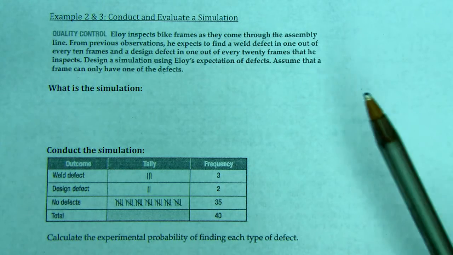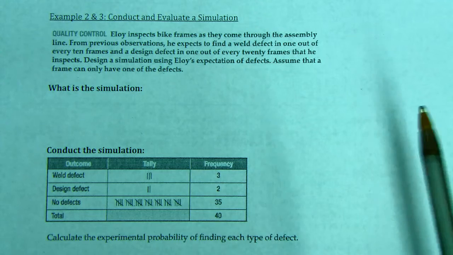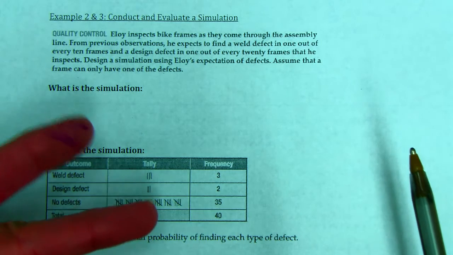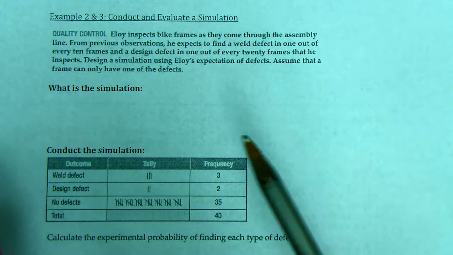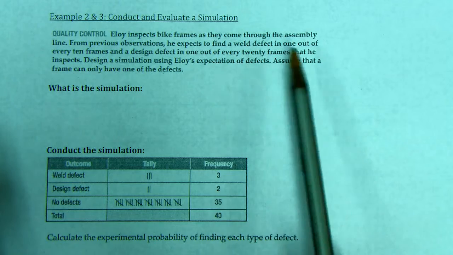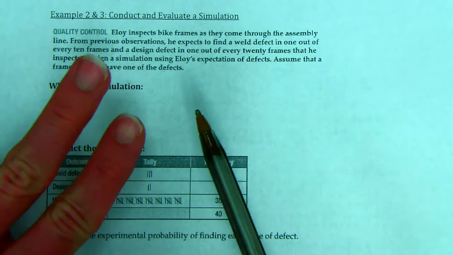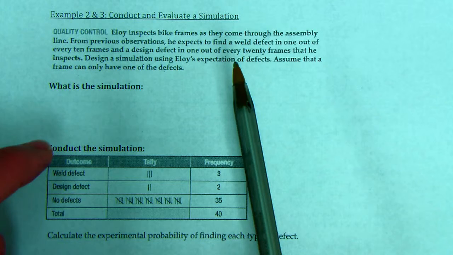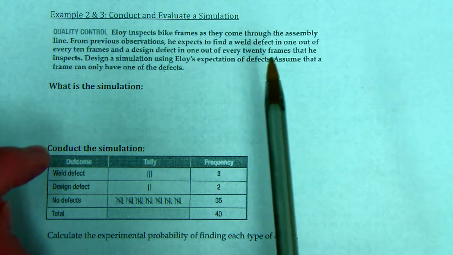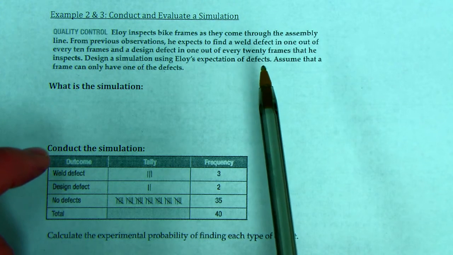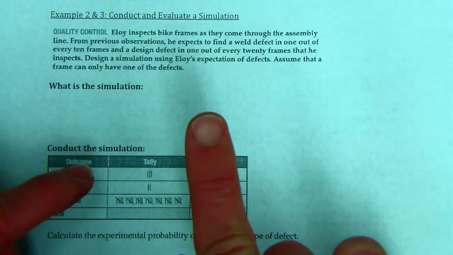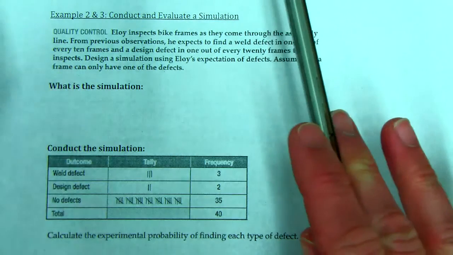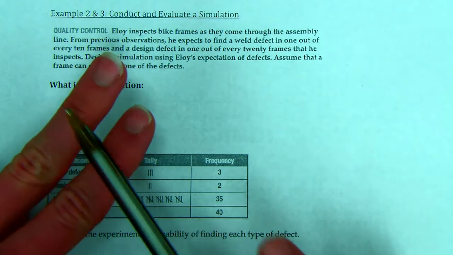So to represent the weld defect, which is 1 out of 10, I would put 2 of a specific color in there. And then 1 out of every 20 for the frame defect would be a different color, and I would only have 1 of those. So in there I'd have 20 marbles, 2 of one color represents weld defect, and 1 of the other color represents the frame defect.